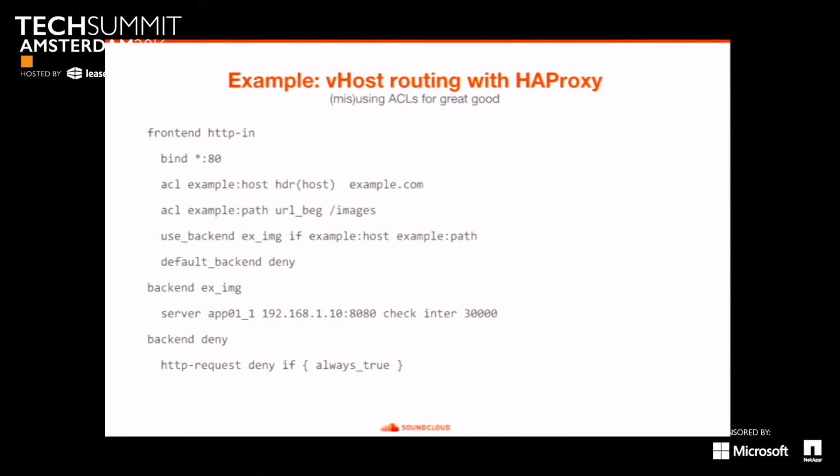So you can match headers, including the host header, and you can match path prefixes. That is in many cases totally sufficient as your web router. And then you have a default backend that just says no. So if someone comes and asks for a host that is not configured, it goes no. You can also put a real backend in there if you have a default thing that you want to serve.